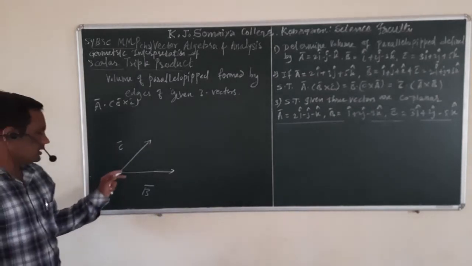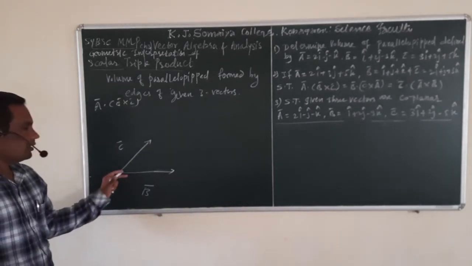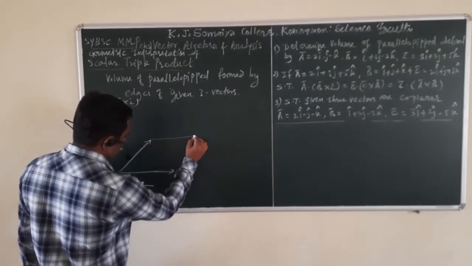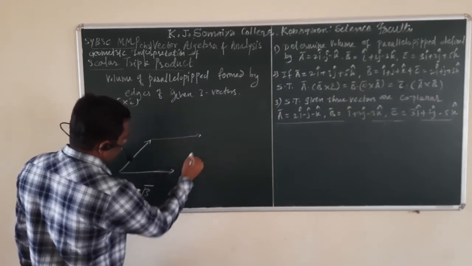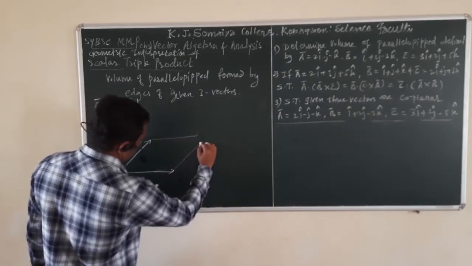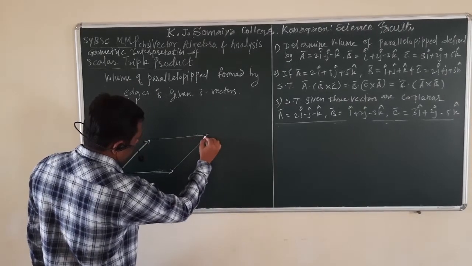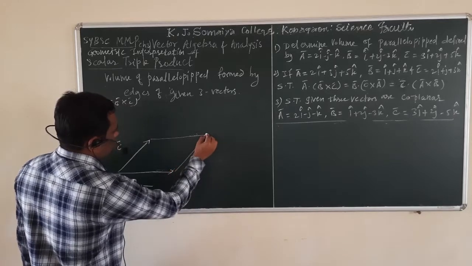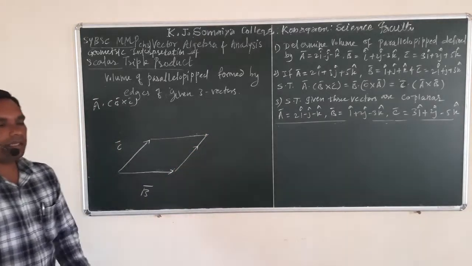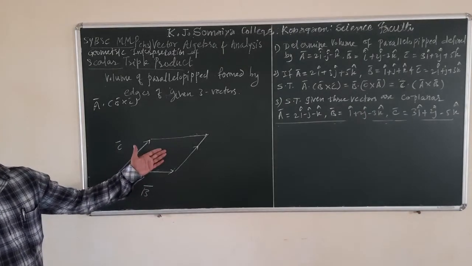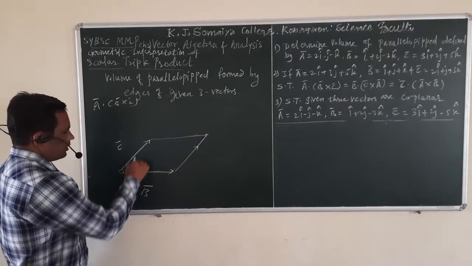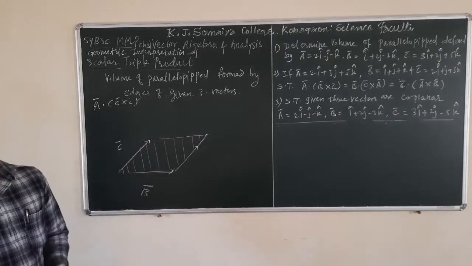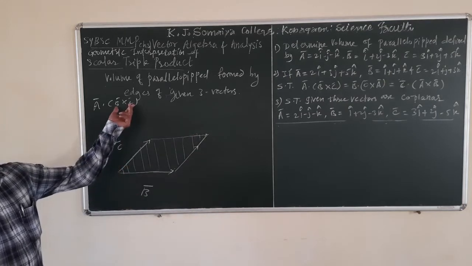Sorry, B cross C is perpendicular to this. Okay, now here we know by geometric interpretation of cross product, B cross C is the area of the parallelogram which can be formed by these two vectors, that we have already studied in the cross product of two vectors.